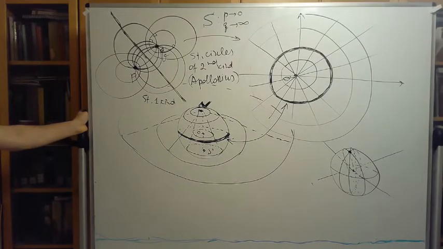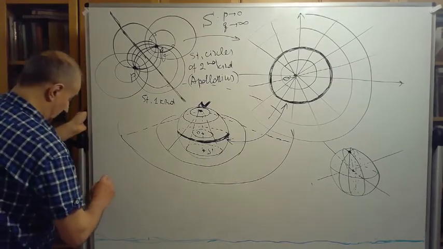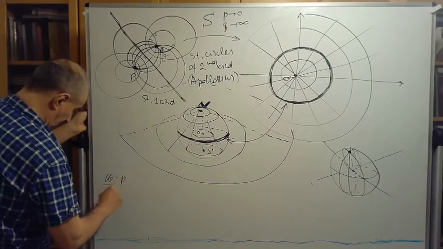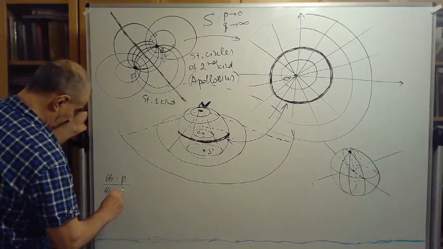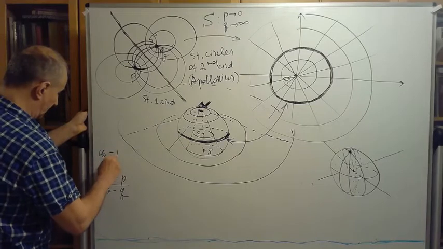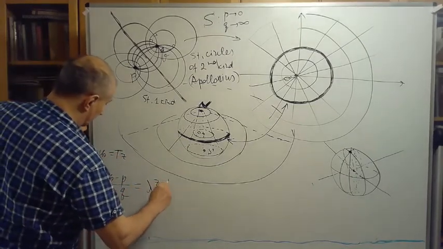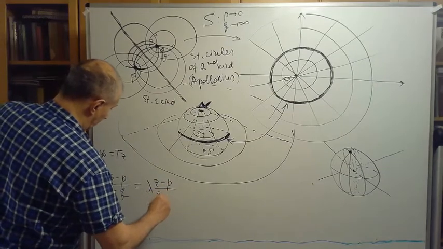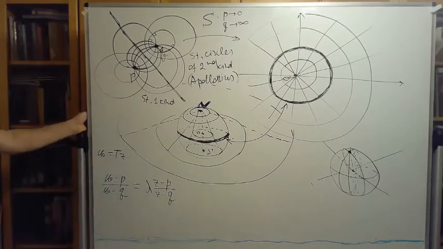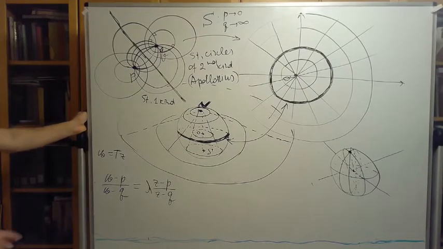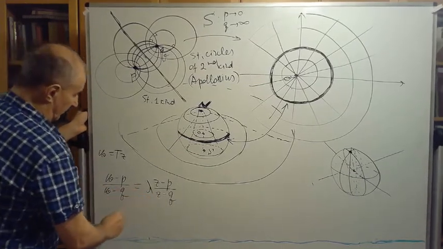And now I will write again this formula, W minus P over W minus Q. W is our Tz, equals lambda Z minus P over Z minus Q. And lambda, of course, is associated with the motion.